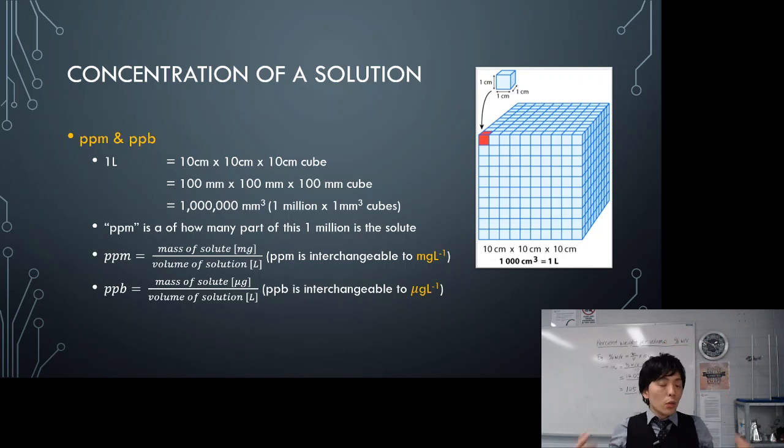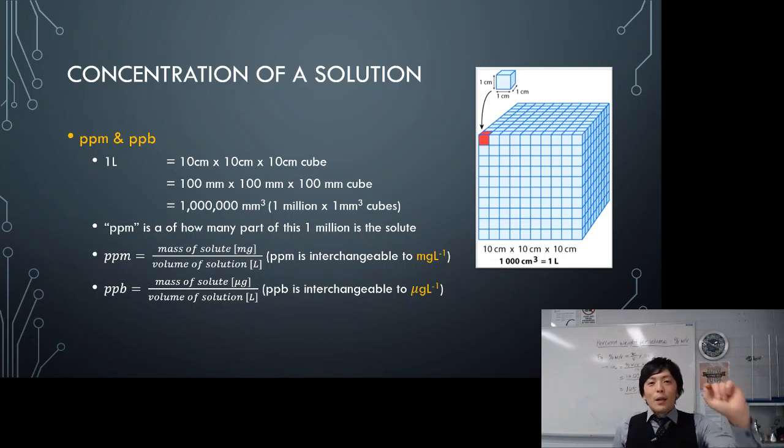So essentially, you can say that there are 1 million cubic millimeter cubes in 1 liter. Not cubic meter, cubic millimeter cubes. I should say that.